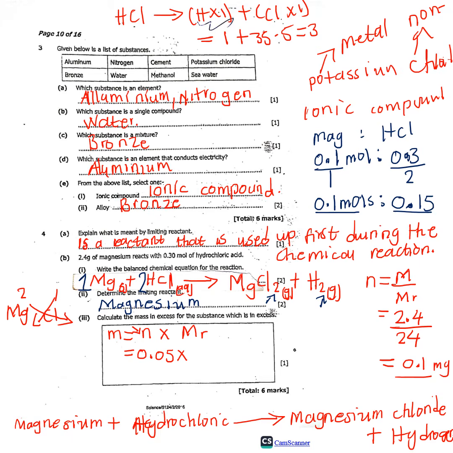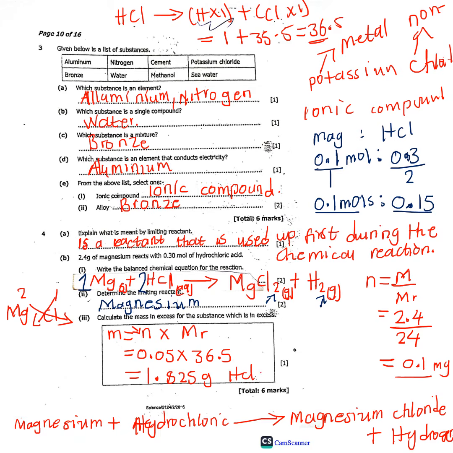So the molar mass is 36.5. Now if we calculate 0.05 times 36.5, we get 1.825. So this is the mass of HCl that was in excess.